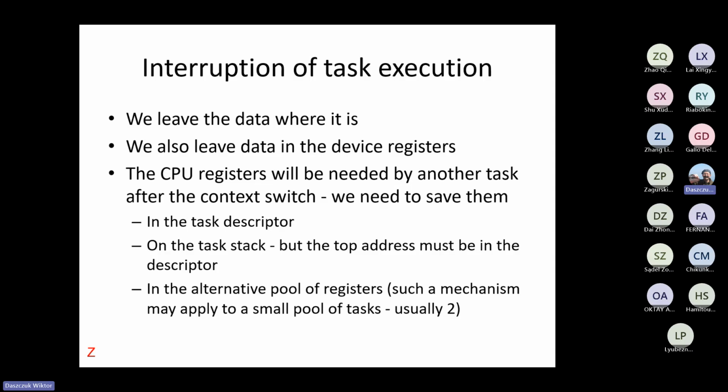It just stays in the second pool of registers. However, in a typical multi-task system, we must store, and it is stored in the task descriptor or on the stack, typically on the stack.